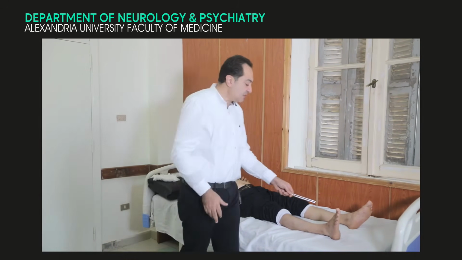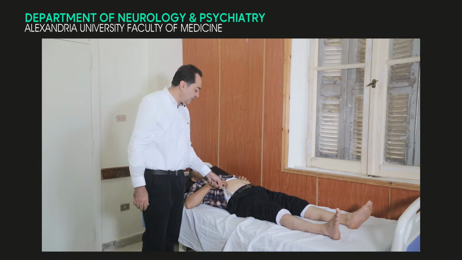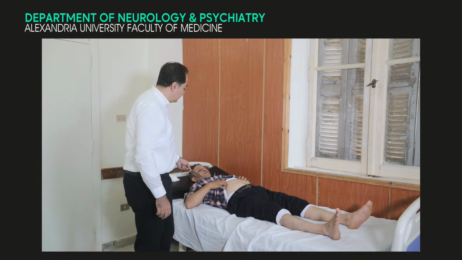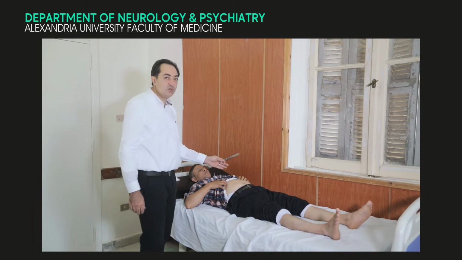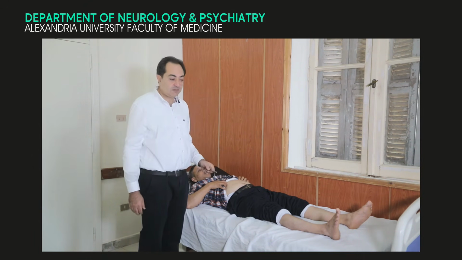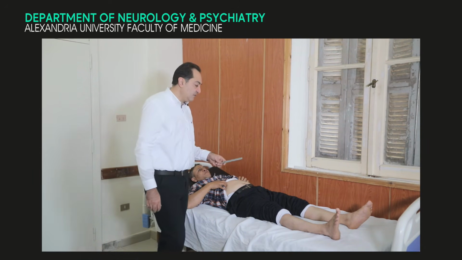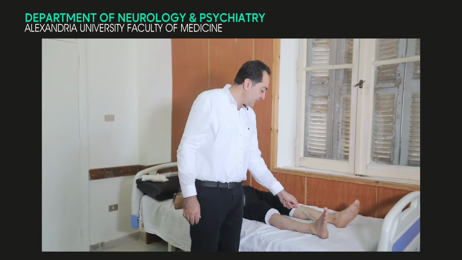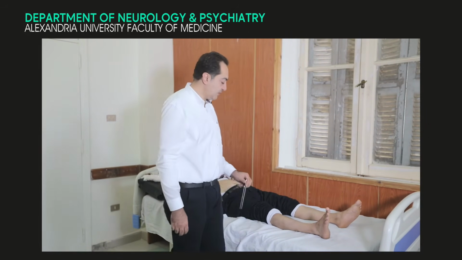If the patient doesn't feel it here or at the anterior superior iliac spine, and he feels it on the ribs or on the clavicle, this is mostly a spinal cord lesion. But if he doesn't feel it here and can feel it at the anterior superior iliac spine, it's mostly a peripheral neuropathy.